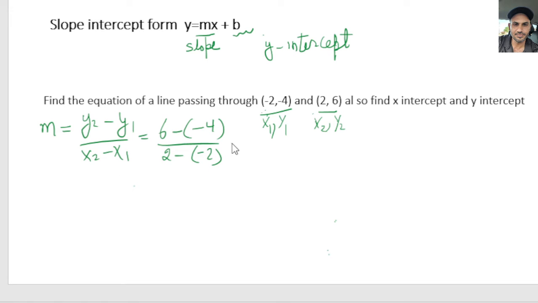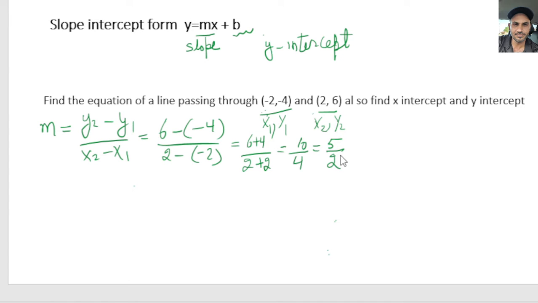Alright, so here we go. We get 6 plus 4 on top, and on the bottom we get 2 plus 2. So we have 10 over 4. When we simplify this fraction, we get 5 over 2.